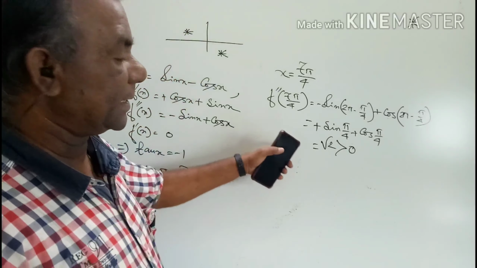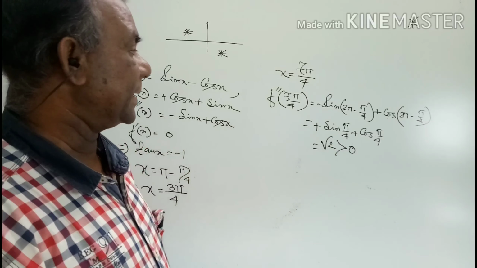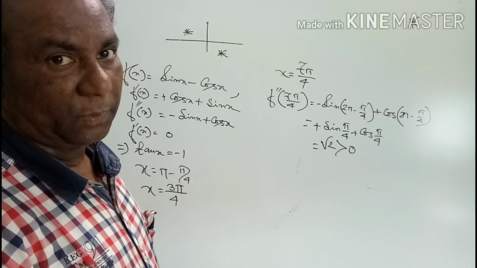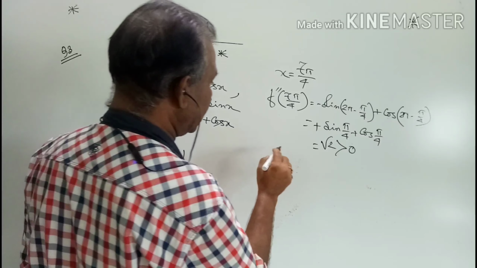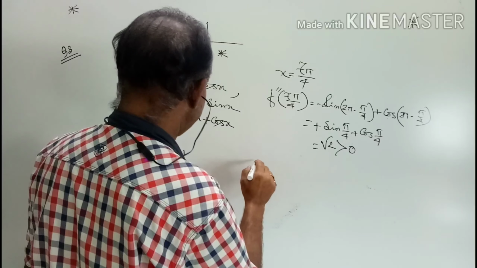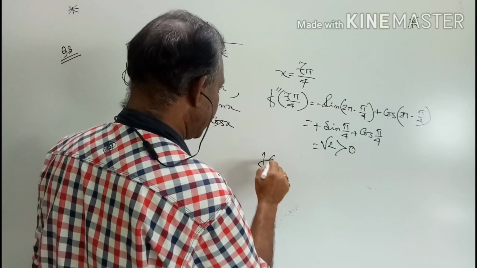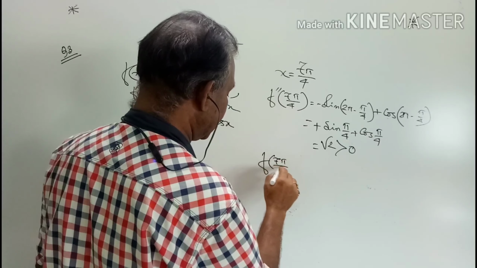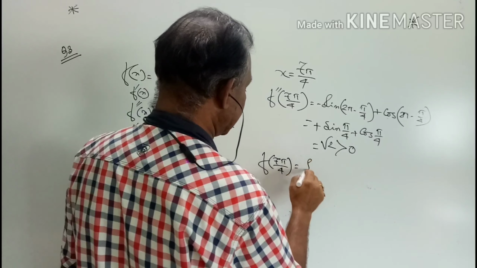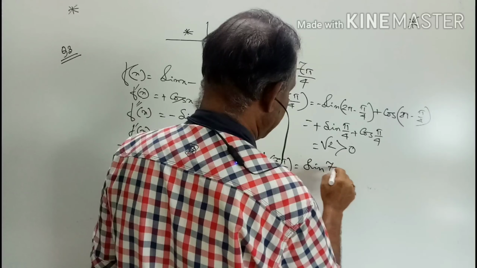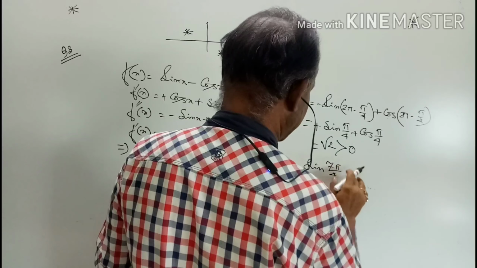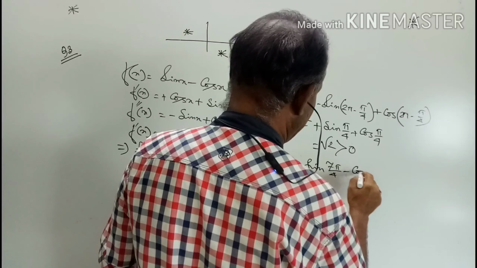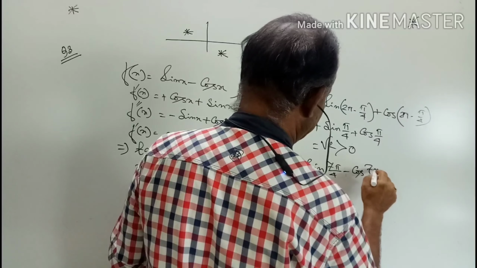So the given function has minimum value at x is equal to 7 pi by 4. Now what will be the minimum value? The minimum value is f 7 pi by 4 equal to sin 7 pi by 4 minus cos 7 pi by 4.